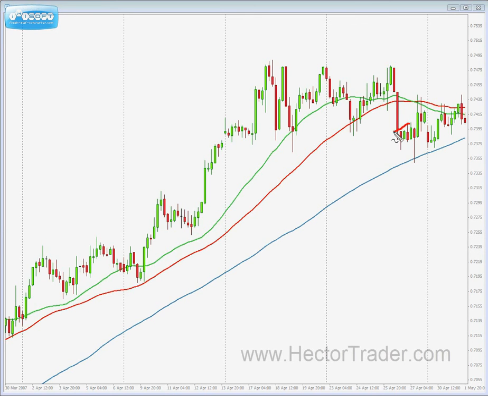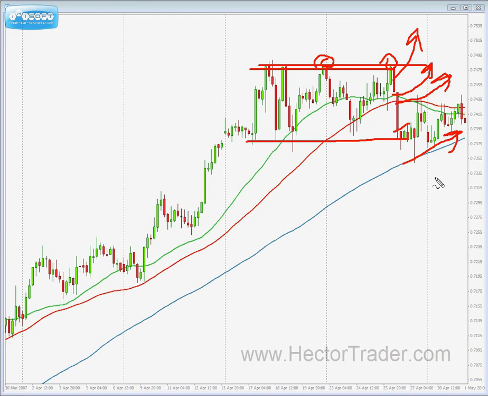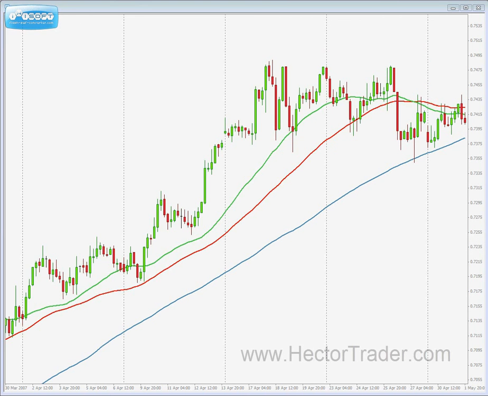At this time, it was time to say, all right, I don't want to search for long entries anymore. Have a look, we're ranging already. The only way we would consider searching for a long entry here is if we broke above this triple top once again, and the moving averages began falling in place in order again, pointing in the same direction. This is not the case though.